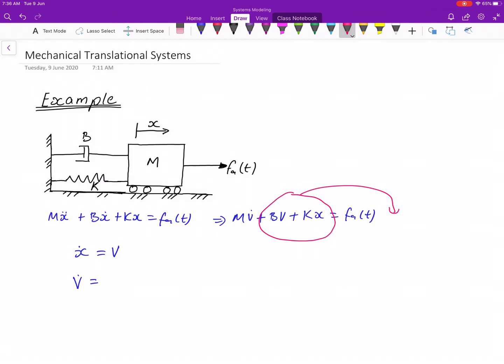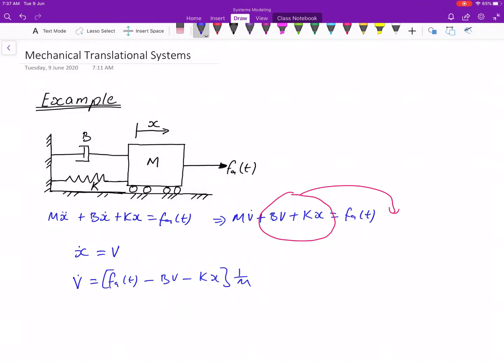So we can write v dot as applied force minus b v minus k x, times 1 over m, because I took the m outside on the other side.